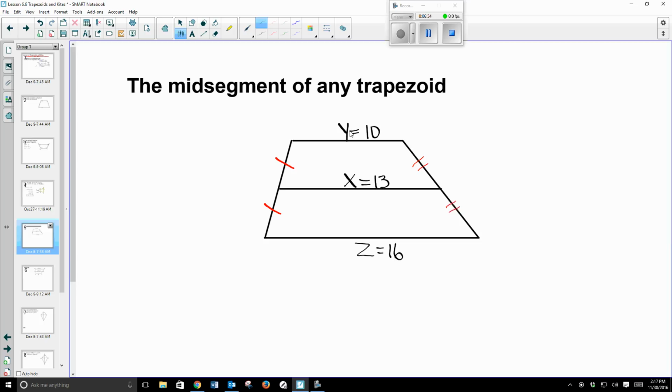So what if we have, how do you find the average of two numbers? Let's say this is 7 and this is 17. How do you find the average? How do you find that middle number? Wouldn't you say 7 plus 17 divided by 2 is equal to 12?